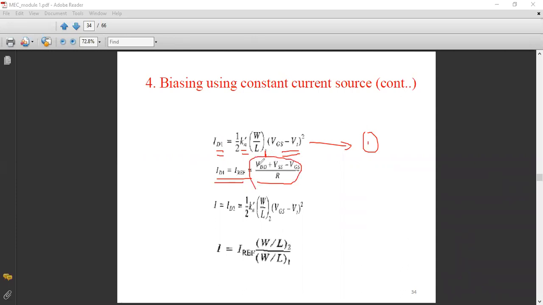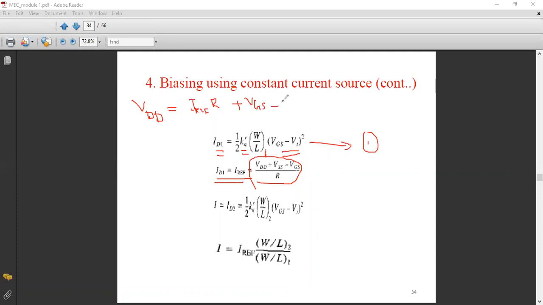Okay. Applying the KVL, VDD is the total power supply voltage, right? So from this voltage, we have a fraction of voltage that is dropping across the resistance R, which is nothing but I reference into R. That is the voltage drop that we have across the resistance R. Then we have VGS, that is the voltage across the gate to source.